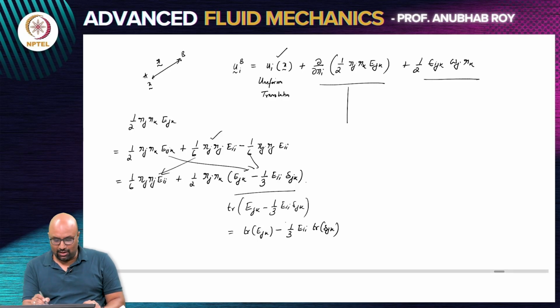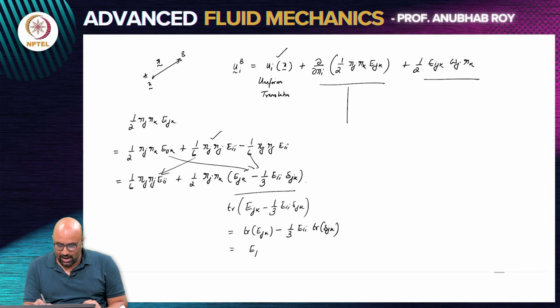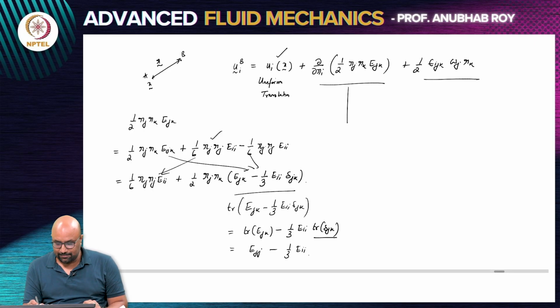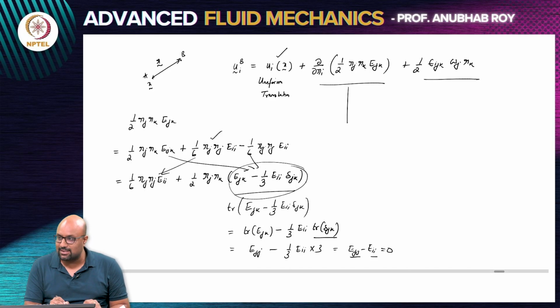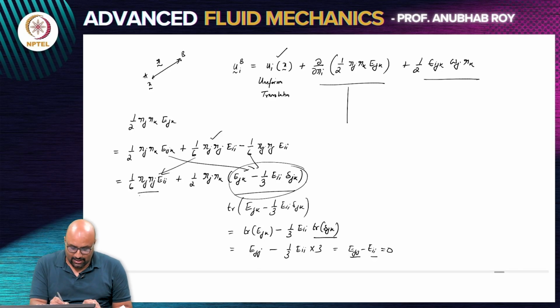The trace acting on the entire thing can be written as trace acting on the individual components. So what is trace of Ejk? Trace of Ejk is Ejj or Ekk, and here this is minus 1/3 Eii, and trace of delta Jk is 3, which is Ejj minus Eii. There is nothing special about Ejj with j or Eii with i, which is 0, which means this part is traceless and the trace has been separated out.